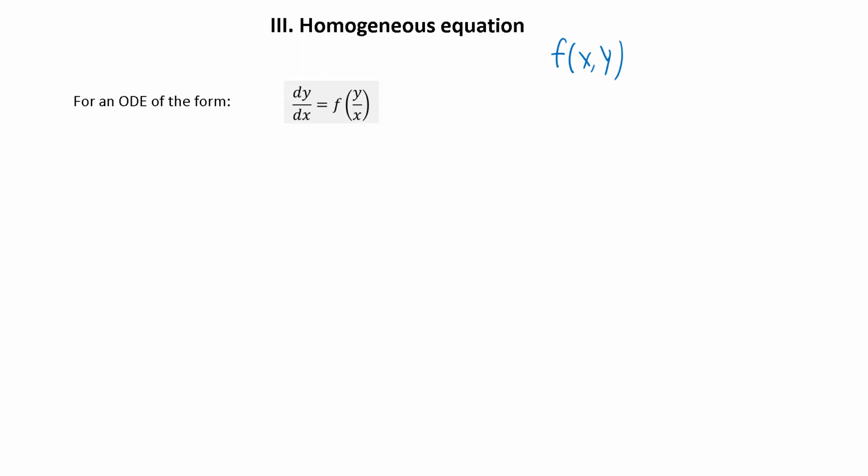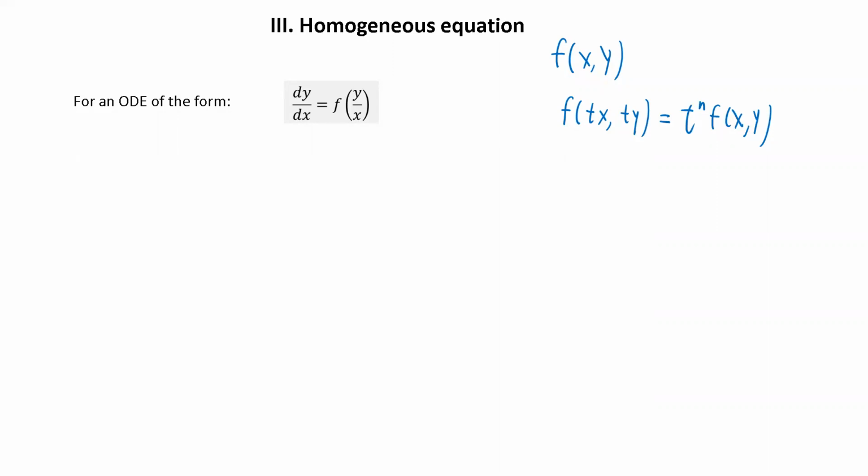It has the following property: if we substitute tx and ty into this function, where t is any number that you pick, and you find that f(tx, ty) gives you t to the power n times f(x, y), then this is known as a homogeneous function of degree n.